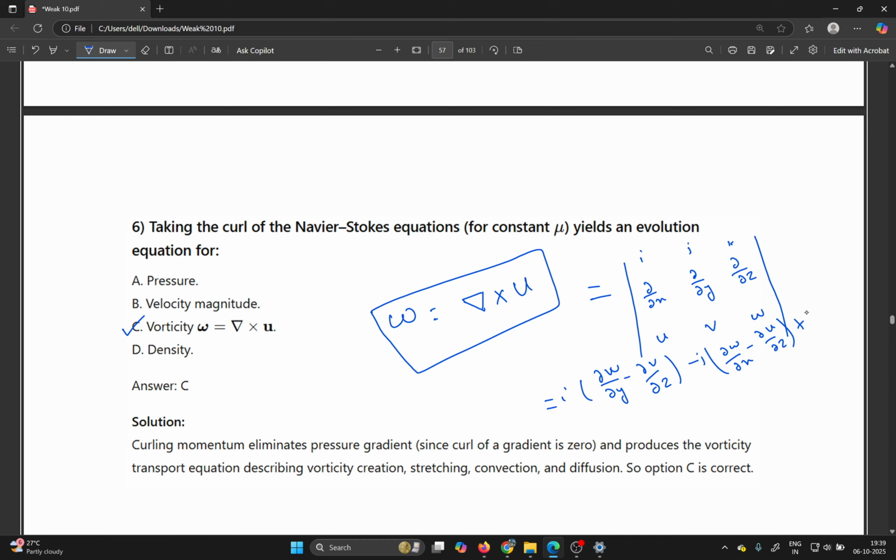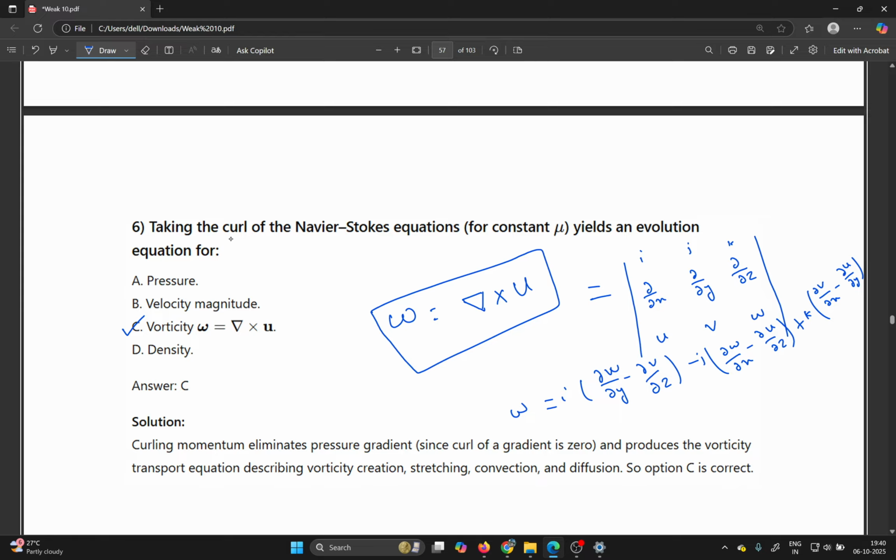Now plus the k component, del v by del x minus del u by del y. So you have these three things, and you will solve such problems like that. That is the curl problem.